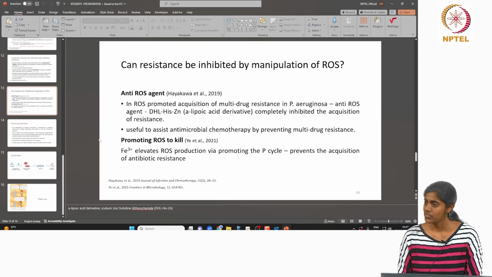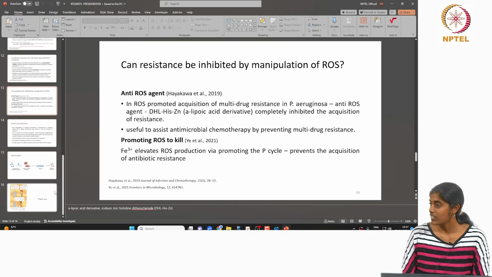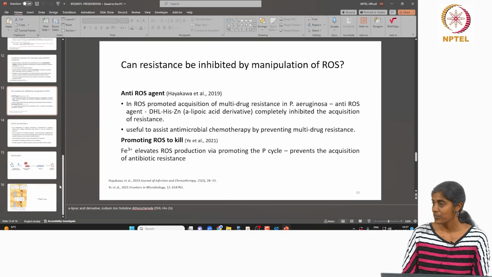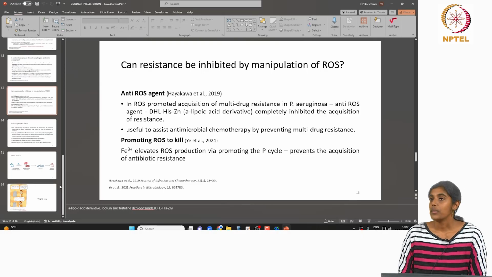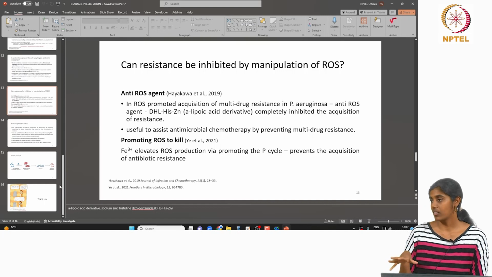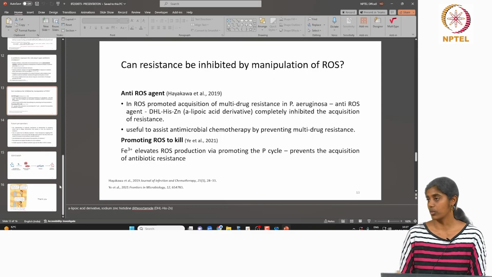What happens to the antioxidant defense system when you take an antibiotic? Does it regulate the production of antioxidants? It has been mentioned in one paper that the innate antioxidants are not sufficient to control the ROS.